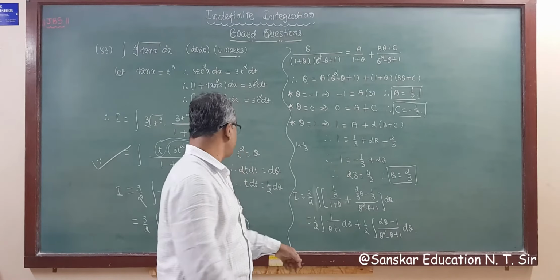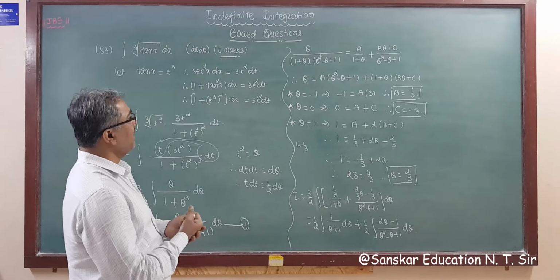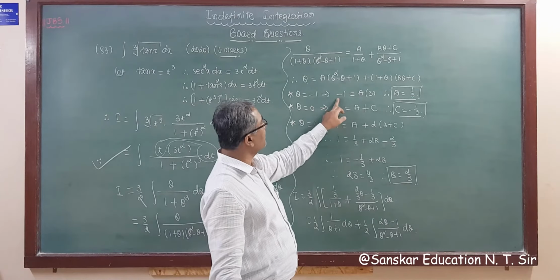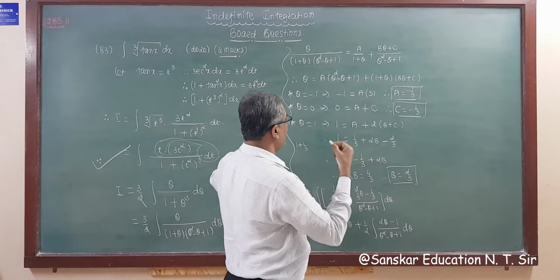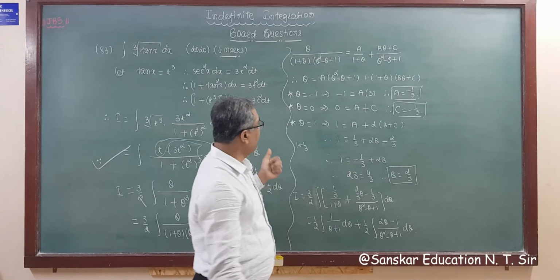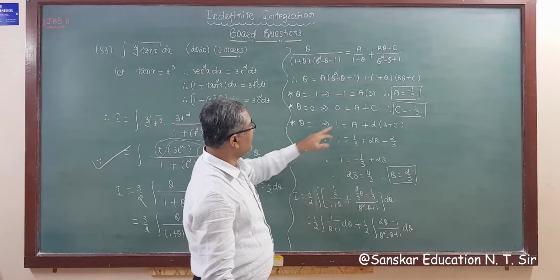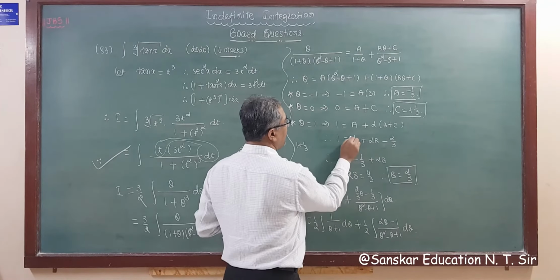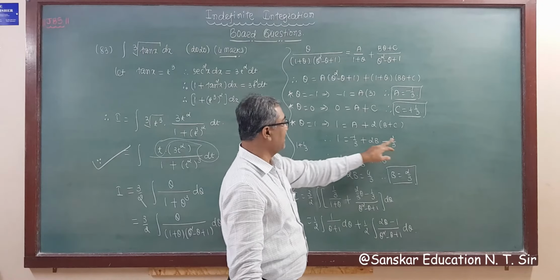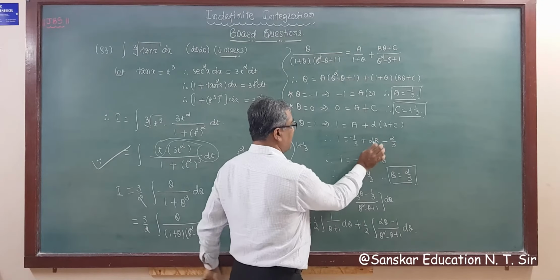What is the answer of A? Oh, we are making some mistake here. So A is -1/3. So if A is -1/3, then C is +1/3, right? And A is -1/3, so this is -3/3, that is -1.